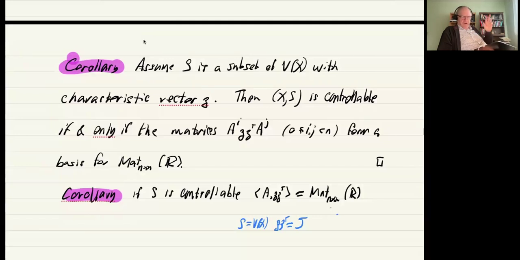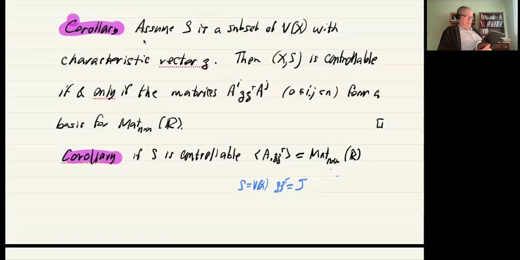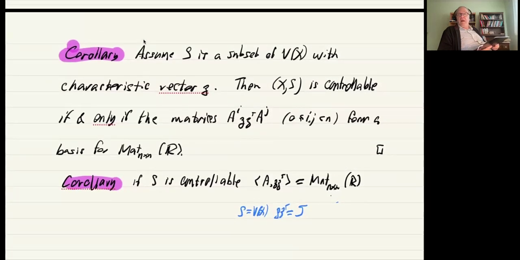You tend to think, well, we've just got this 0-1 matrix A, and we've got this J. It's not much. It's only rank 1. But in most cases, that's enough to give you the full matrix algebra. I find that interesting. It's not directly related to the quantum walks that I see.